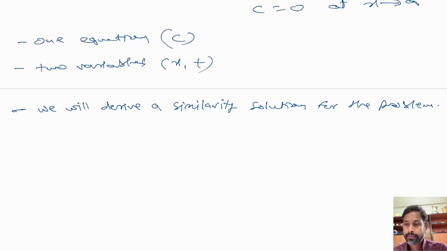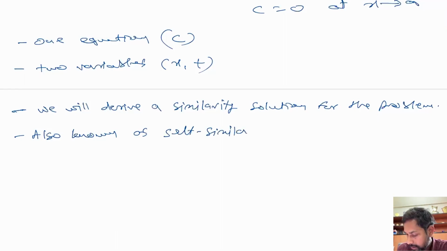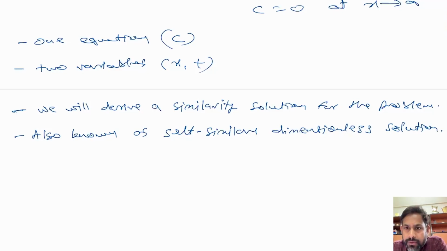This similarity solution is also known as the self-similar dimensionless solution. Basically, the solution we are going to derive for this problem is a dimensionless solution, and then from the dimensionless solution we can predict the dimensional solution backward. So we will first define a dimensionless concentration.